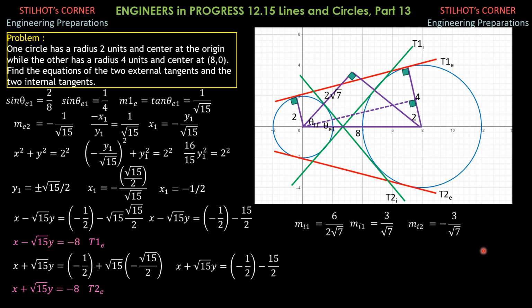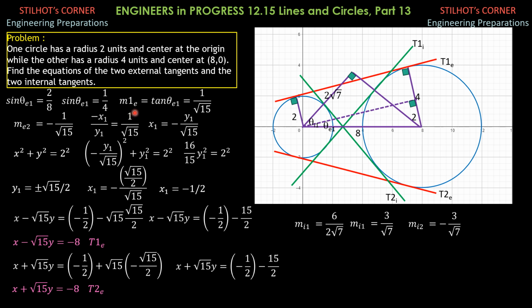The expected equation for internal tangent 1 is 3x minus square root of 7y equals 3x1 minus square root of 7y1. But I use the other technique from analytic geometry in finding this equation. You may use this technique here, which I used in arriving at the slopes or equations of the two external tangents.